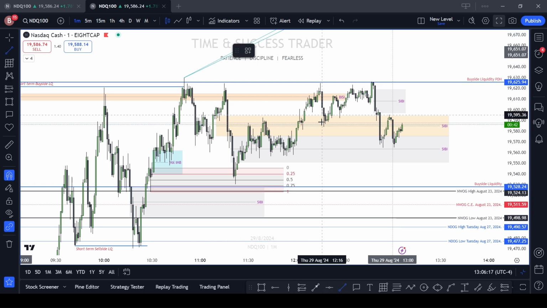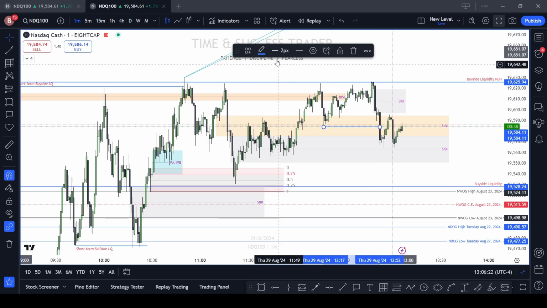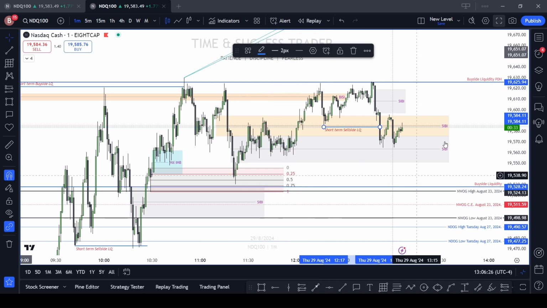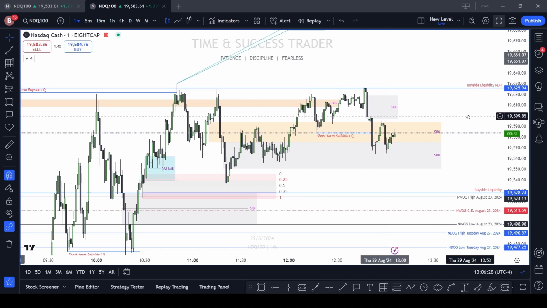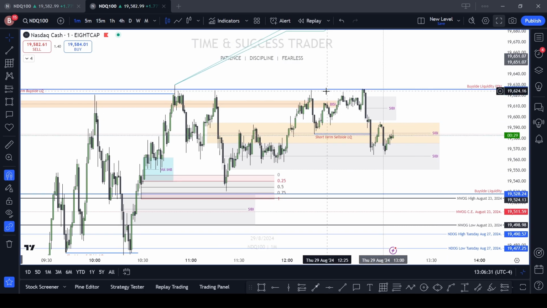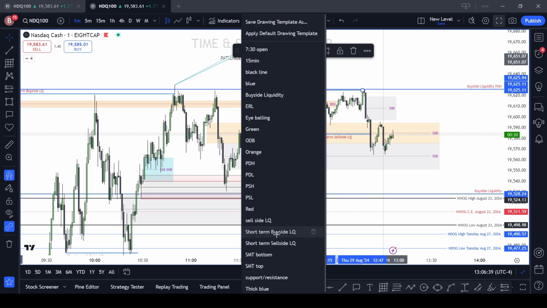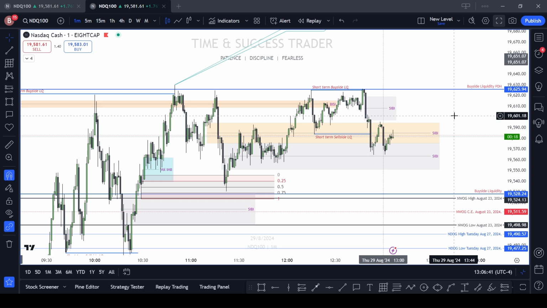So this is price taking sell side liquidity after taking buy side liquidity, which is previous day low.